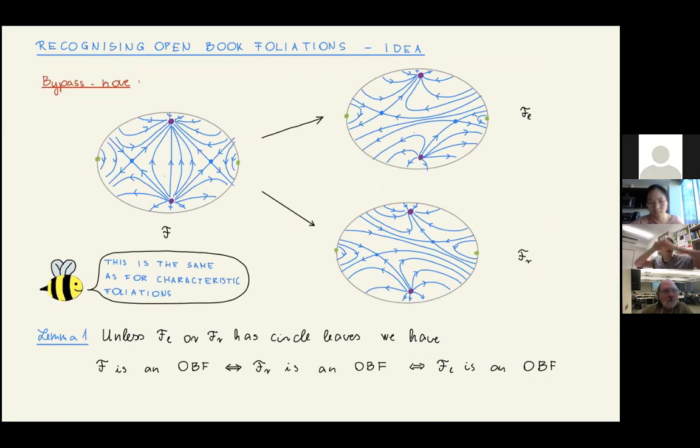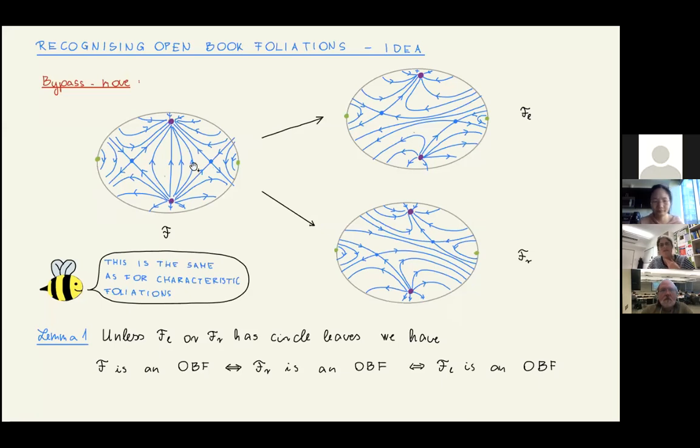All right, so finally, I saw this as a combinatorial problem, and then the solution came from topology. So here is one move on the foliation, which I'm calling the bypass move, because this is the same move as for bypasses. You have two saddles which have two common nodes they are connected to.